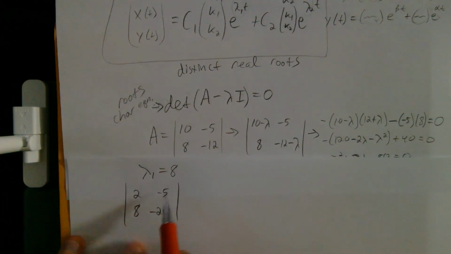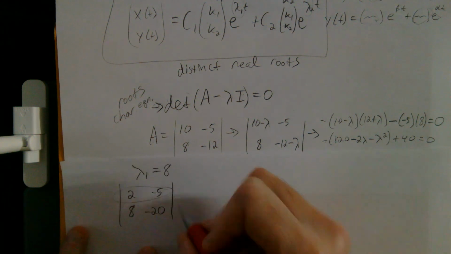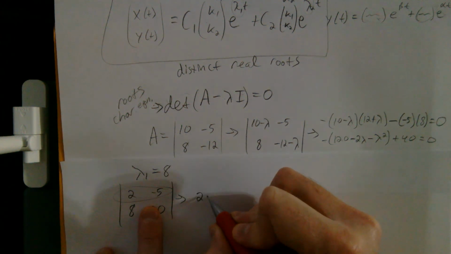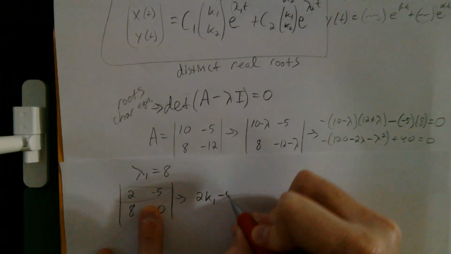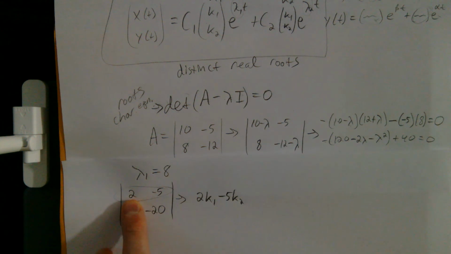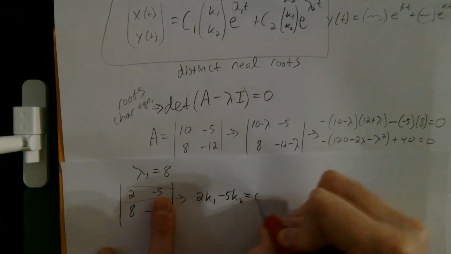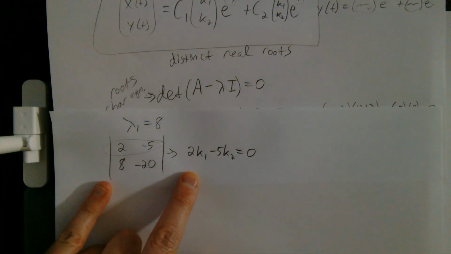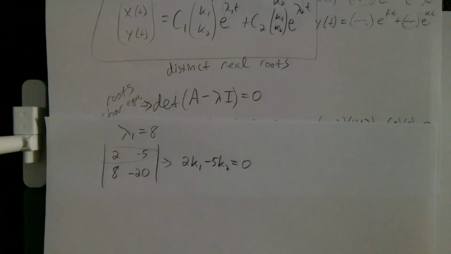These are scalar multiples of one another, so we just choose either row to figure out the associated eigenvector, which has components k1 and k2. k1 the x component, k2 the y component. And so now with any vector, the general solution will work if we have any scalar multiple of that vector.